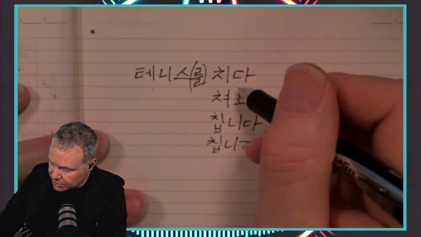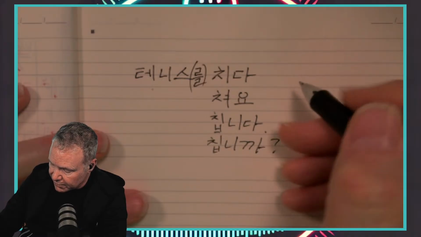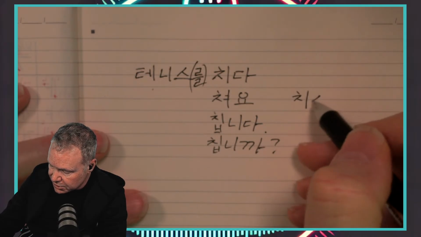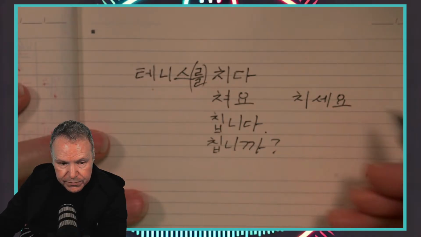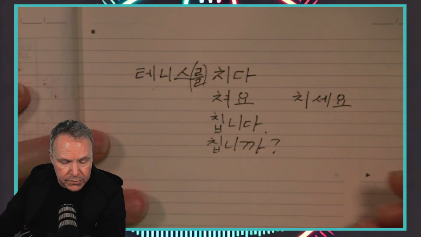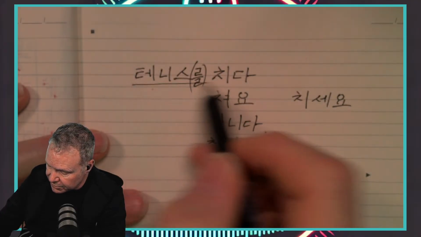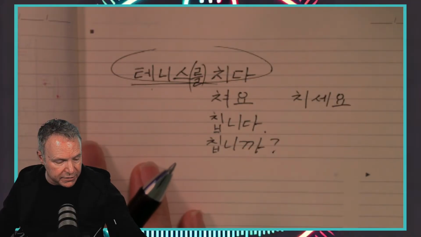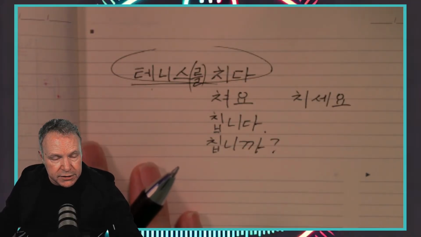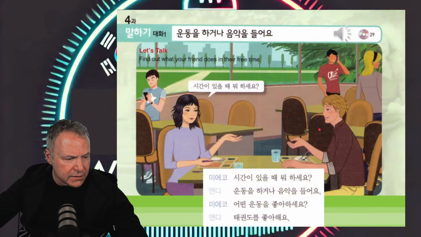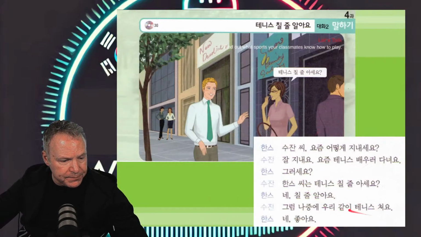Now, what about with the honorific infix? Honorific infix, 시, would become 치세요. So just a couple of notes there, but key that I want you to remember is that infinitive of the verb, 테니스 치다.